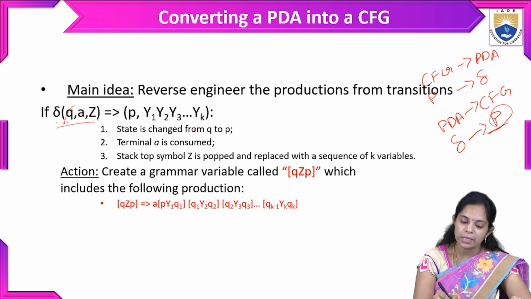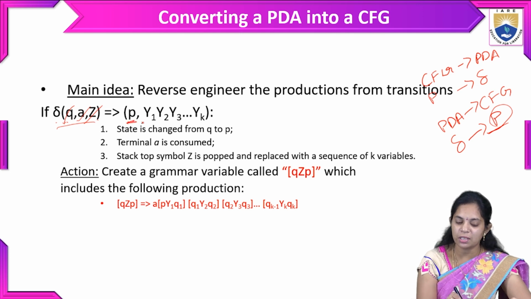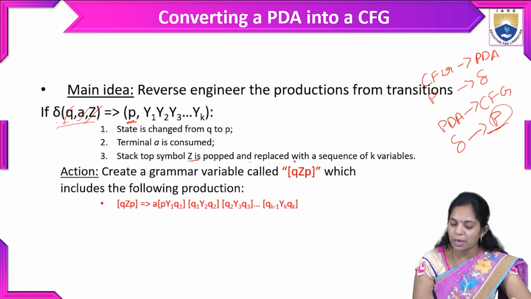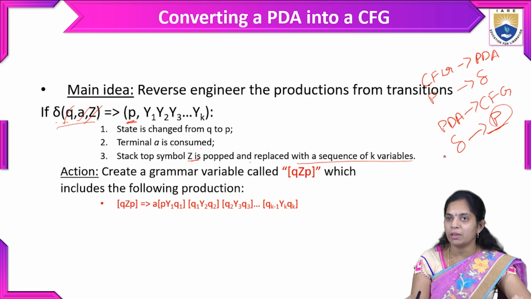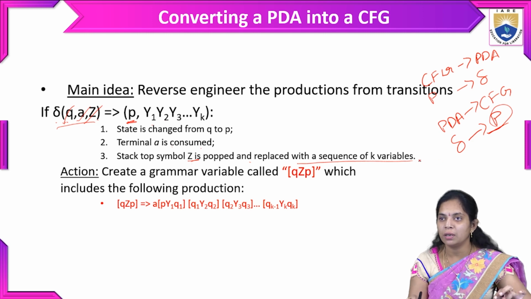The first one is the current state, then the next input symbol and the top of the stack symbol. How to convert that into a production rule? So here the next state and y1, y2, and what terminals are consumed? The top of the stack symbol Z is popped and replaced with a sequence of k variables.